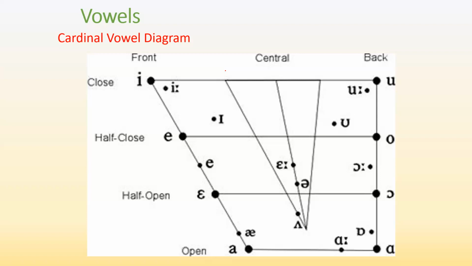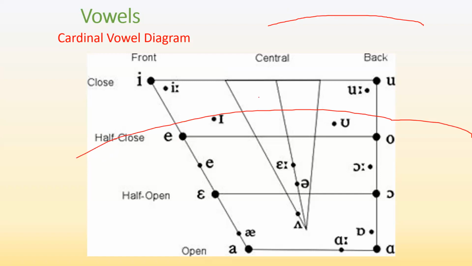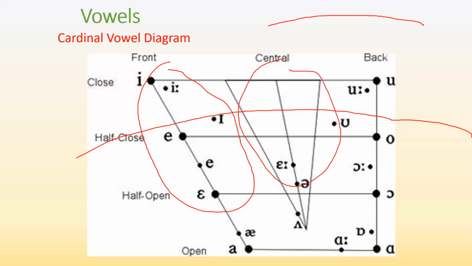Okay. So in this diagram, you can see the tongue is represented. Now, you know, this is the shape of the tongue. This is the front part, middle part, and the back part. So you consider this cardinal vowel diagram as the tongue, like this. This is the front area, central area, and back area.